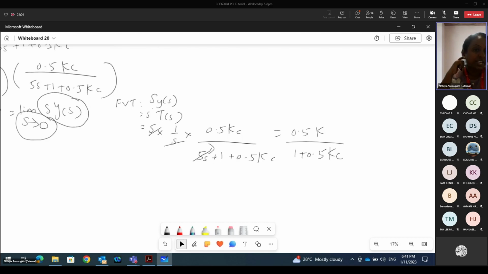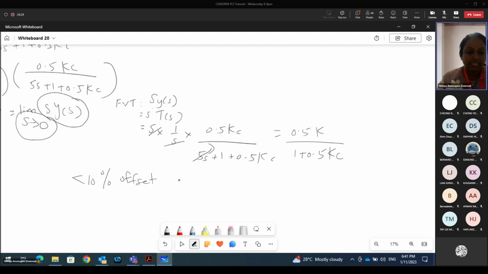We need to find the kc value for offset less than 10%.